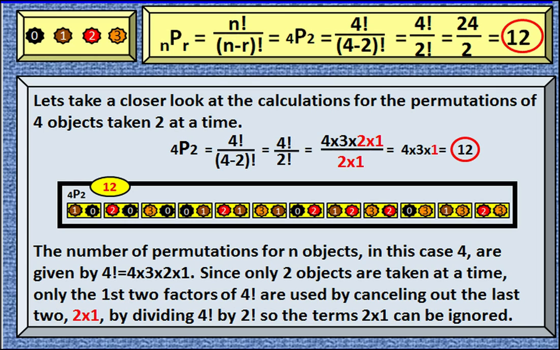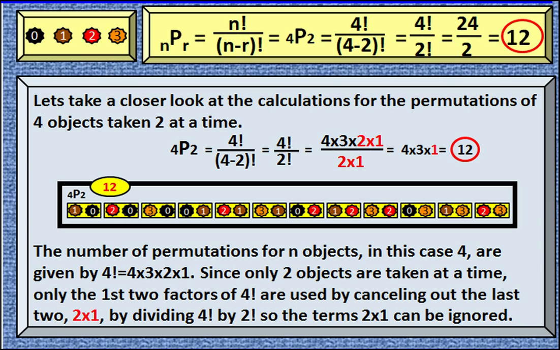Notice that 2 times 1 in the numerator and denominator are marked in red. Since they are equal, they will divide and cancel out, being equal to 1. So now the expression is reduced to 4 times 3 times 1, which is equal to 12.